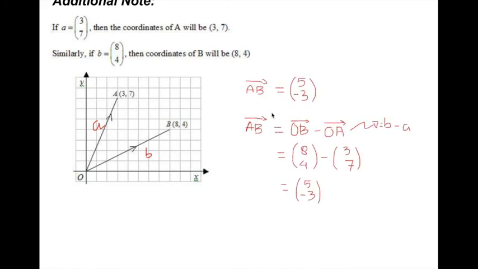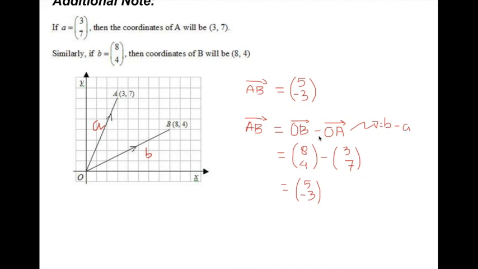But you can also use this formula. If you're asked to find the column vector of vector AB, that is also equal to vector OB minus vector OA, or B minus A.